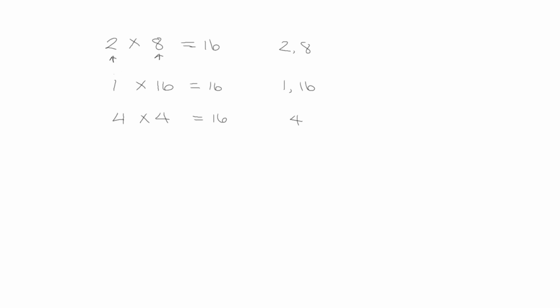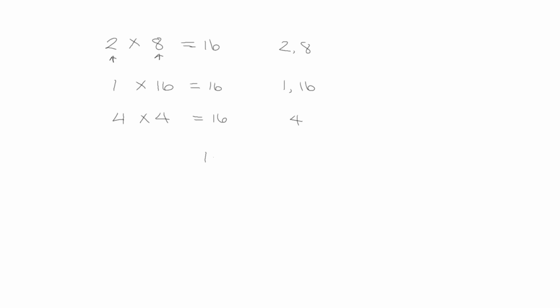I can check the other numbers in between. 3, there's nothing to give us 16. 5, nothing to give us 16. So at this point, we found all the possible factors. We went halfway through and we've gotten all the factors.